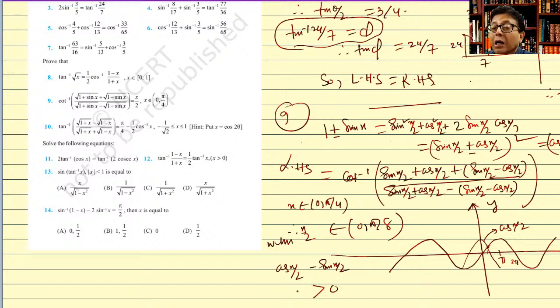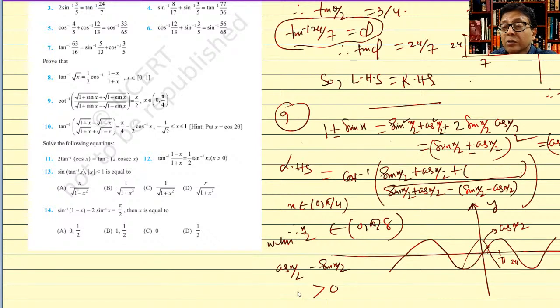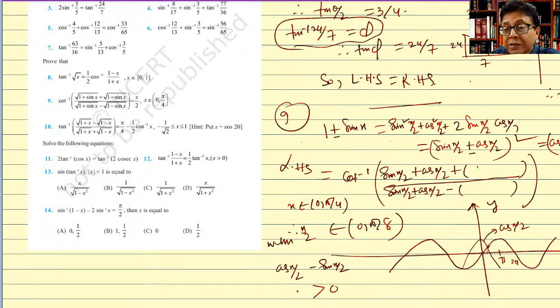So, I need to change here. This will be cos x by 2 minus sin x by 2, even this one. Right? The entire sum calculation is changed now.